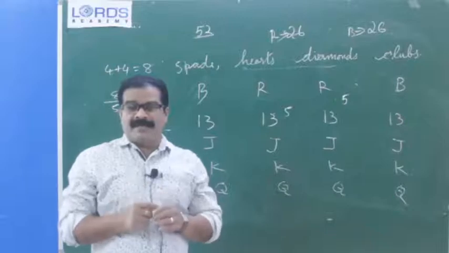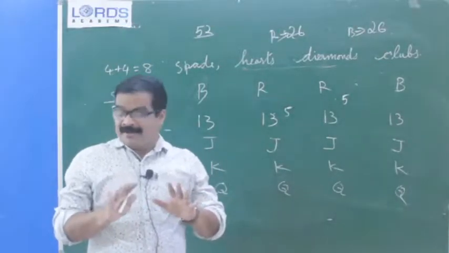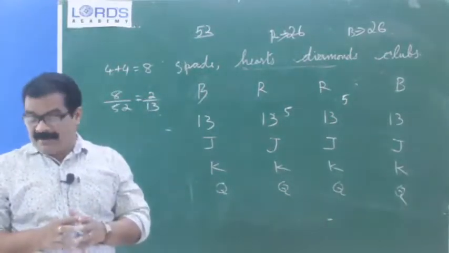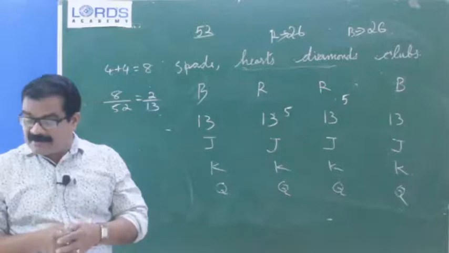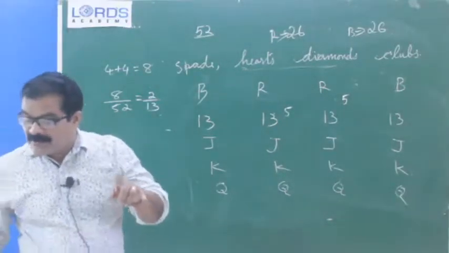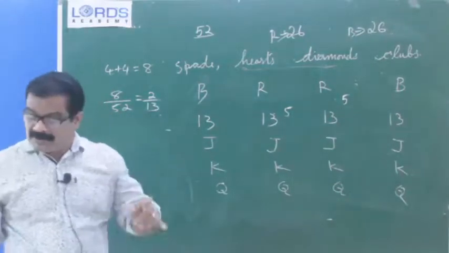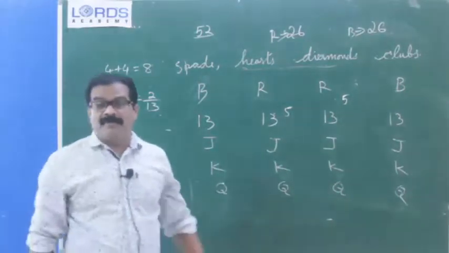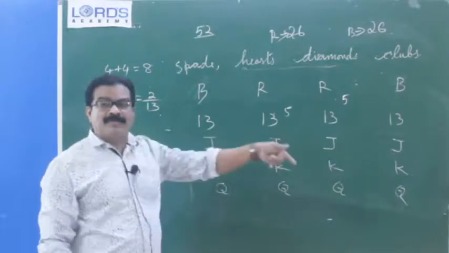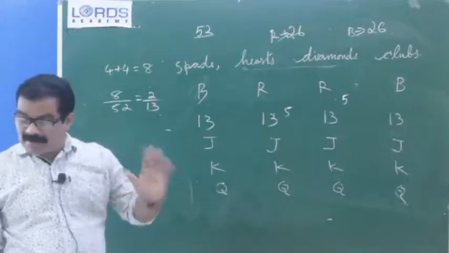But you can see that no card has the ace and king together. That card is not considered because there is no card like that. So the favorable case is 0, therefore the probability will be 0 by 52, that is 0. Okay. There is no card like that.